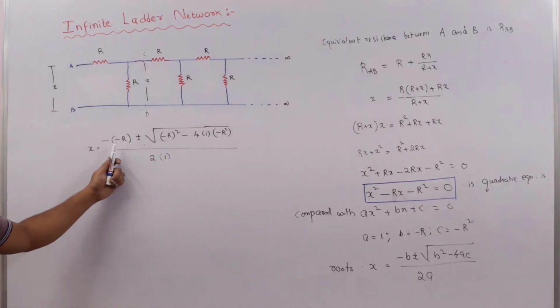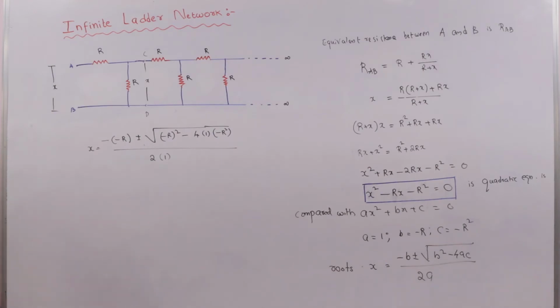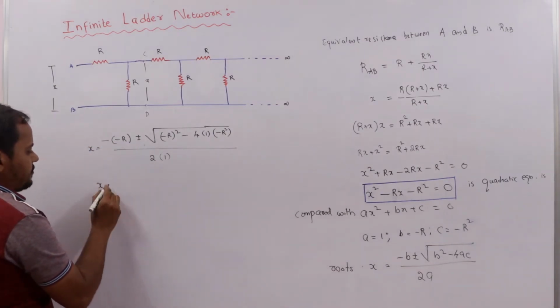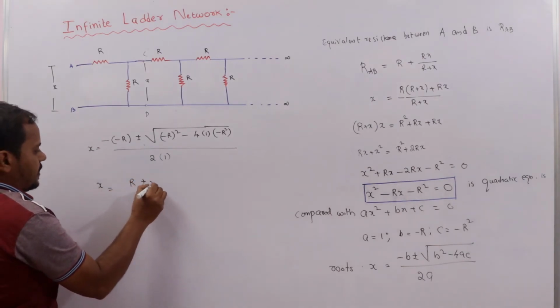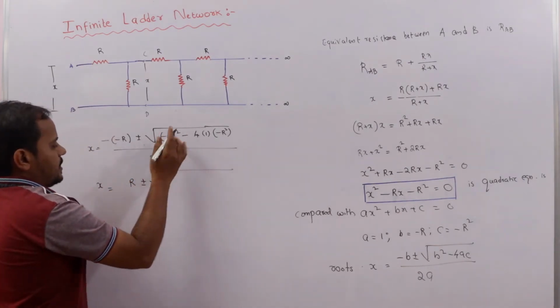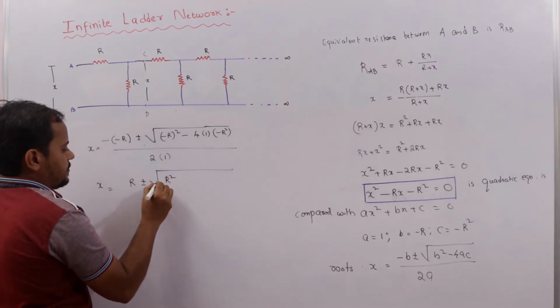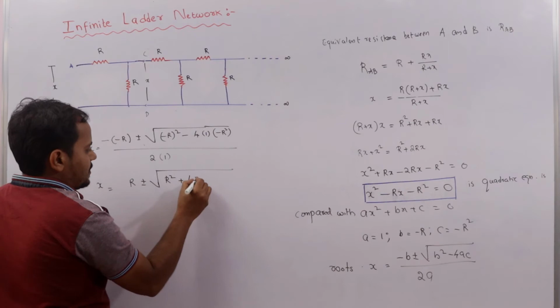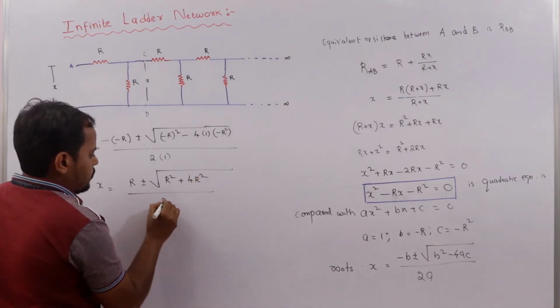We substituted all A, B, C values in this equation. So we will get X is equal to minus into minus, plus R plus or minus root over R square minus into minus plus 4R square, by 2.